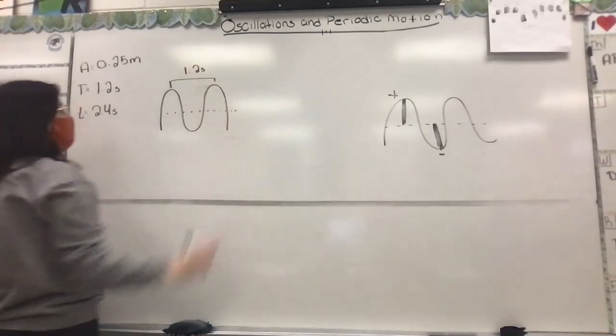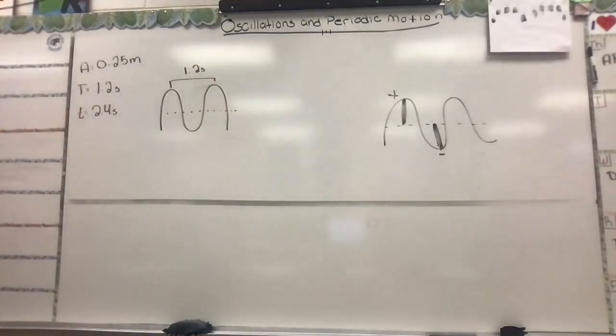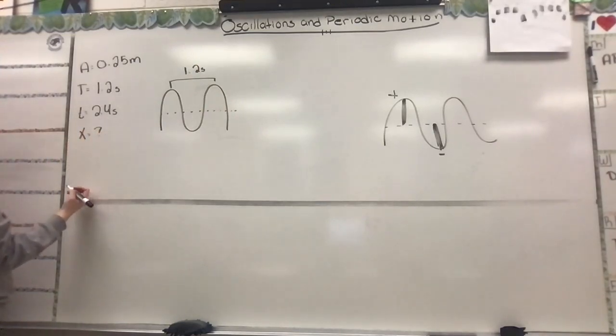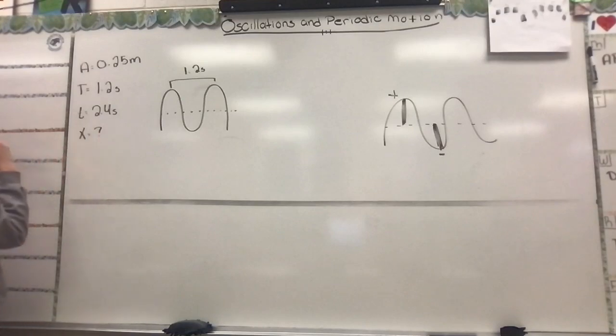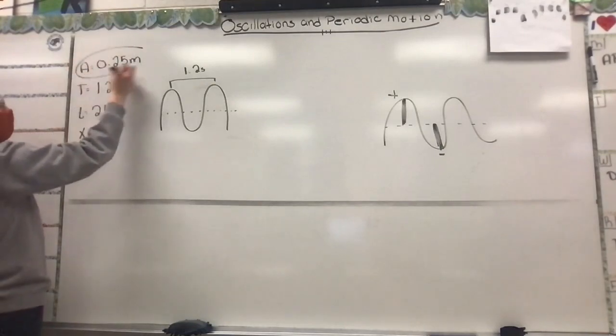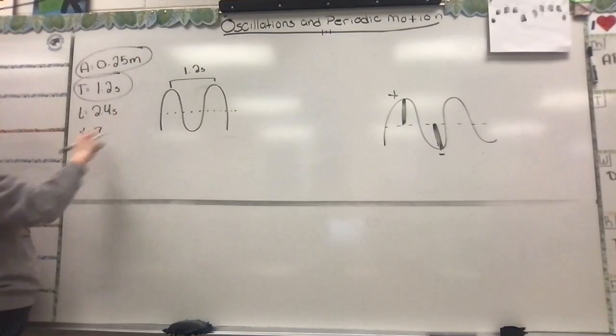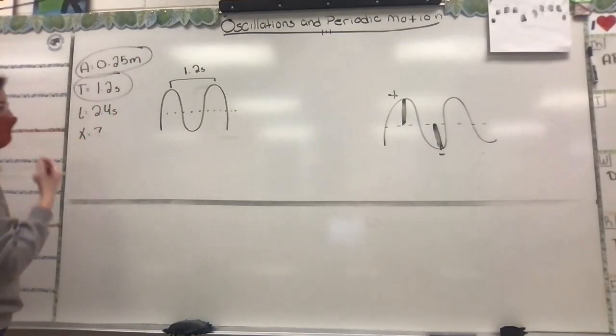How many seconds does it say we want to know the distance to, though? 2.4. Okay, how many periods is that? 2. Okay, so that's 2 periods. So we should be able to find how far it goes in one period and then just multiply by 2. Yeah.